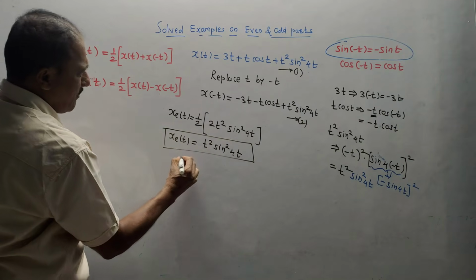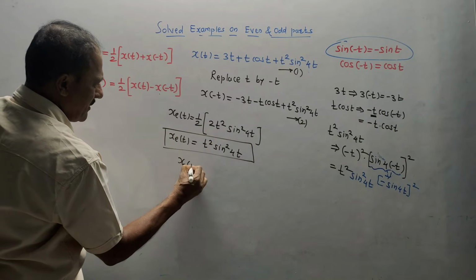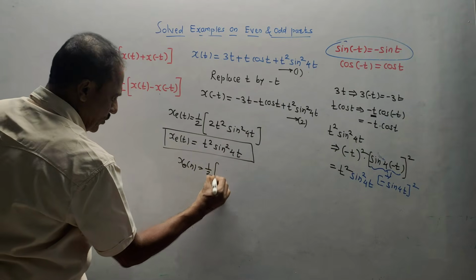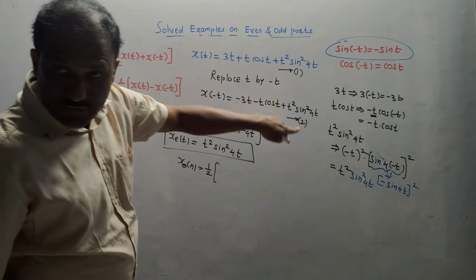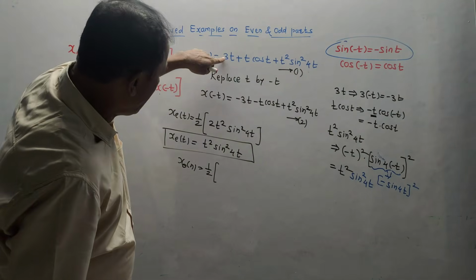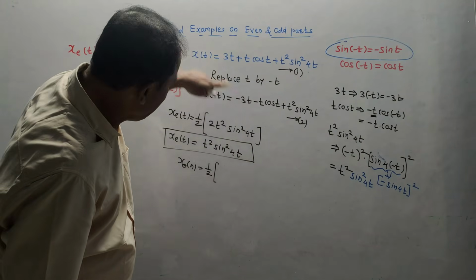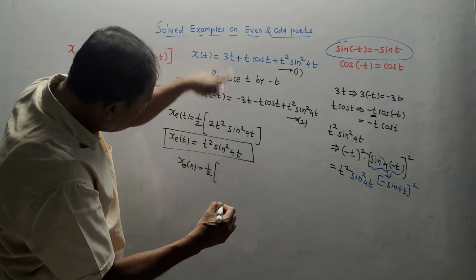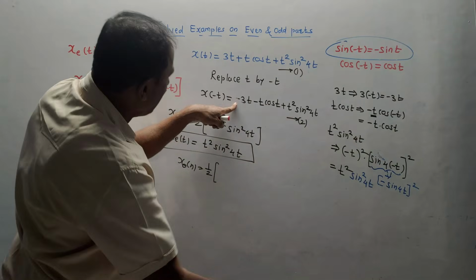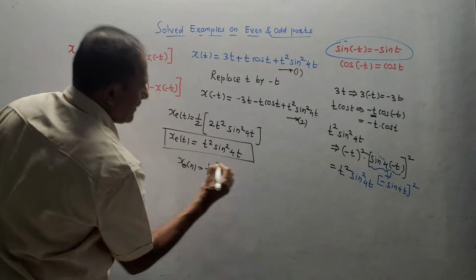To calculate the odd part, again make use of the same formula we used in the earlier numerical: 1/2 of x of t minus x of minus t. So I have to subtract equation 2 from equation 1. Term wise, the first term is 3t, minus of minus 3t, minus of minus becomes plus, so it becomes 6t.